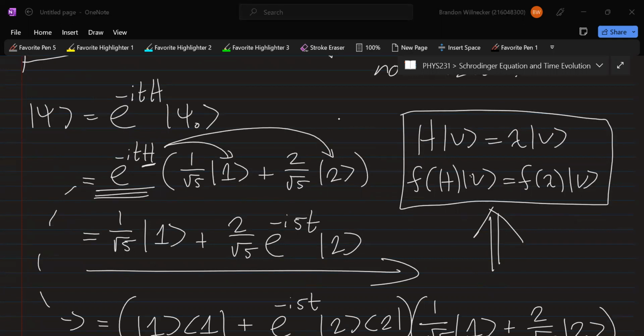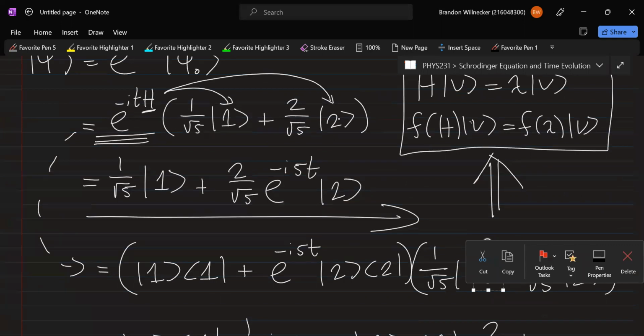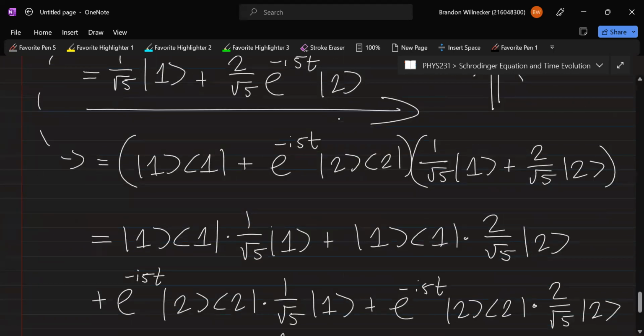Now, if you don't remember that, that's perfectly fine. You can still get the answer, even if you forget that fact. So instead of directly applying the operator, we write the operator using the spectral theorem, in terms of projectors, and we multiply these projectors onto the eigenstates.